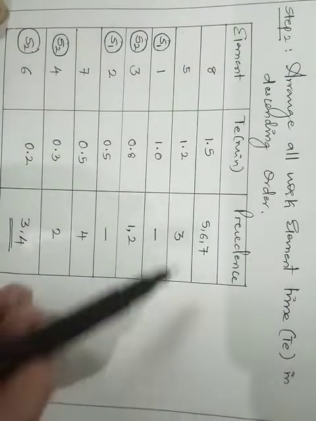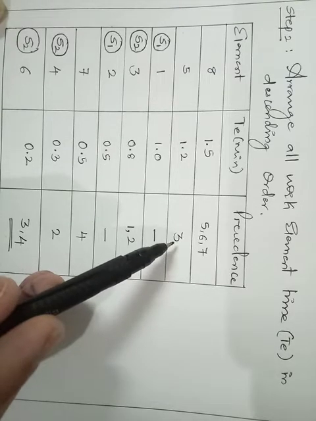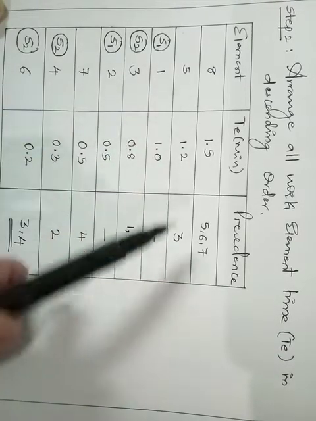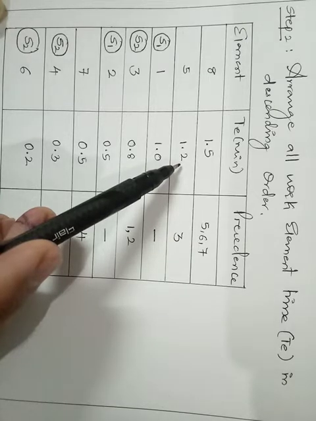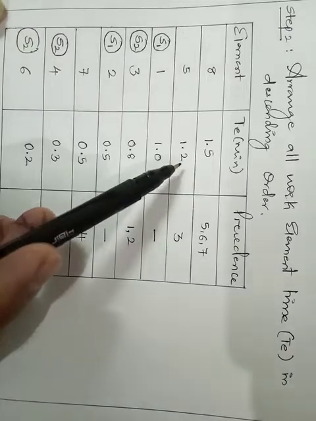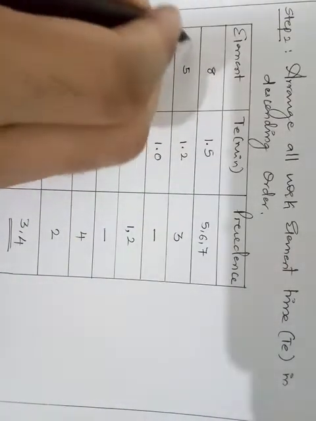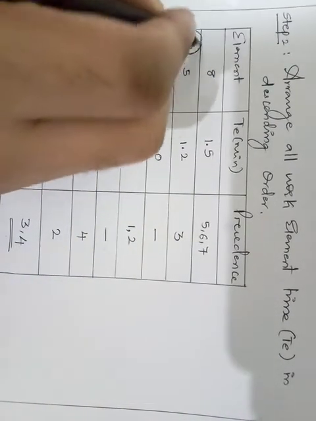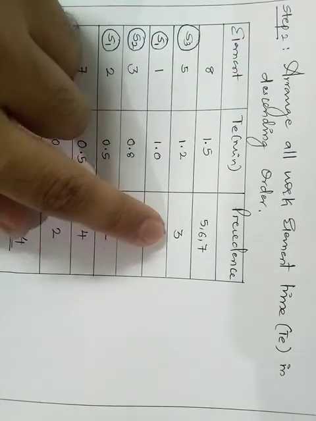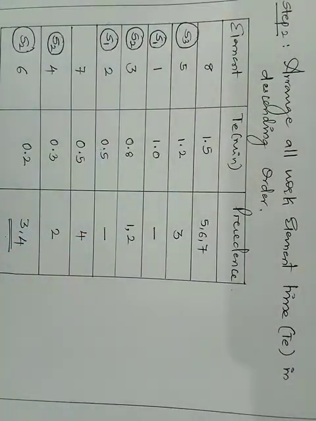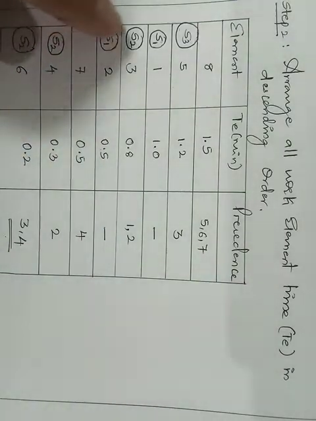Now if you check out element number 5, precedence is 3, time required is 1.2. Yes, time required is less than 1.5. Right? When time required is less than 1.5, I will accommodate this on station number 3, because it is satisfying both the conditions. Precedence is satisfied. What I mean by saying precedence is satisfied, 3 is already allotted.